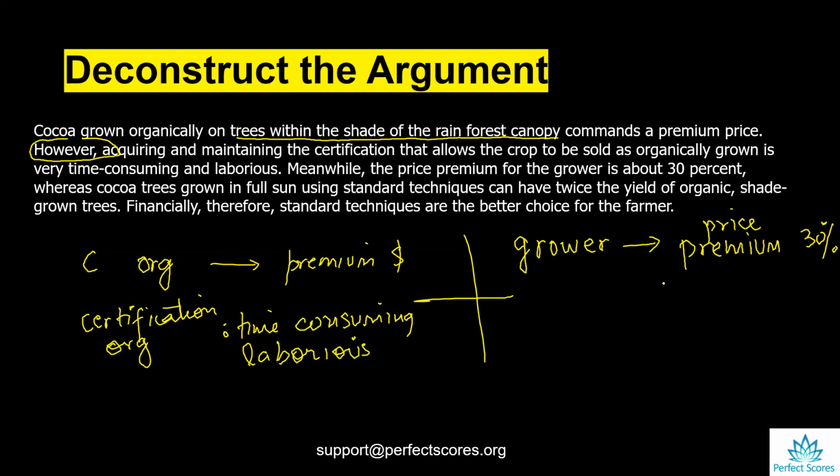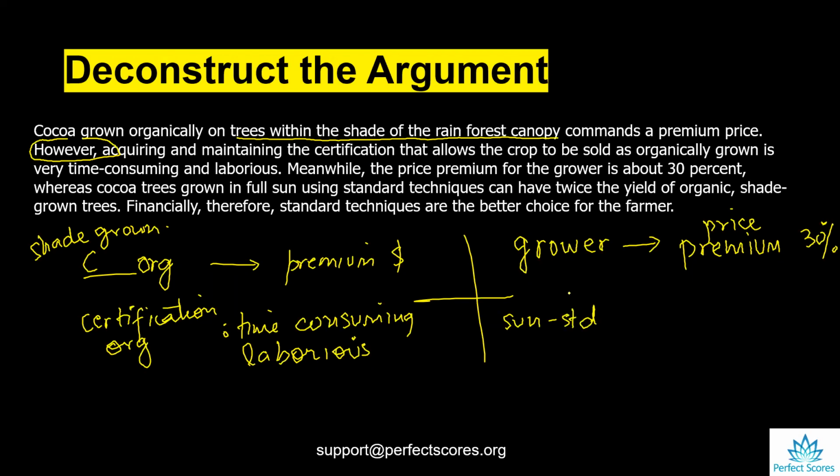Whereas cocoa trees grown in full sun using standard techniques can have twice the yield of organic shade-grown trees. Now remember, these ones are the ones that are shade-grown. And cocoa trees in the sun using standard techniques.